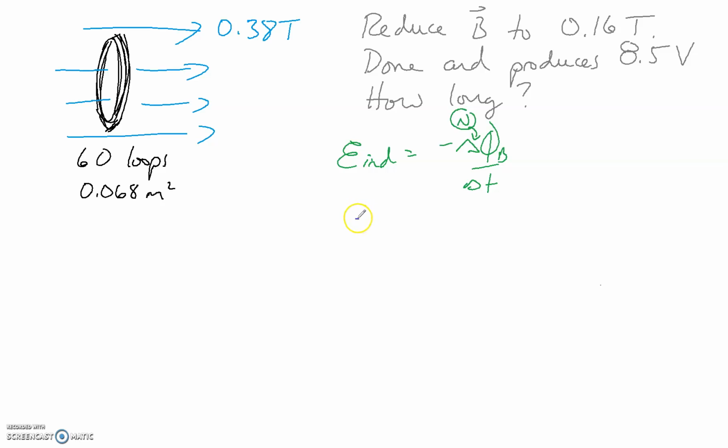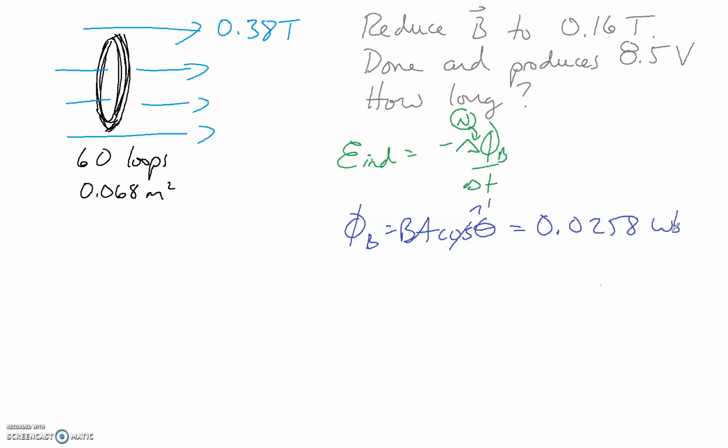If I find my first flux, BA cos theta, the nice thing is it's at maximum angle, so the cosine is equal to 1 and I don't really have to worry about it. I just have to do B times A. So my first flux is 0.0258 Webers.